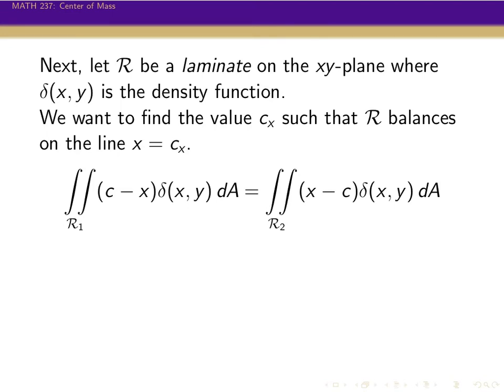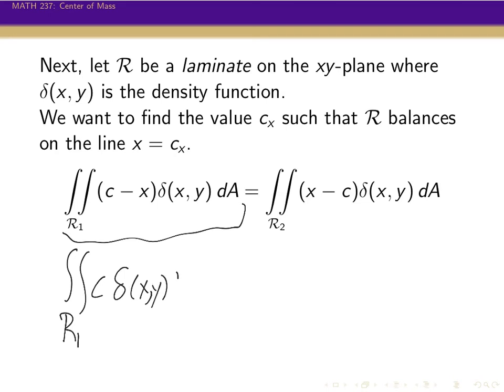Same as before, I can take this integral and break it up into the integral over R1 of C delta(x,y) dA, minus the integral over R1 of x delta(x,y) dA.